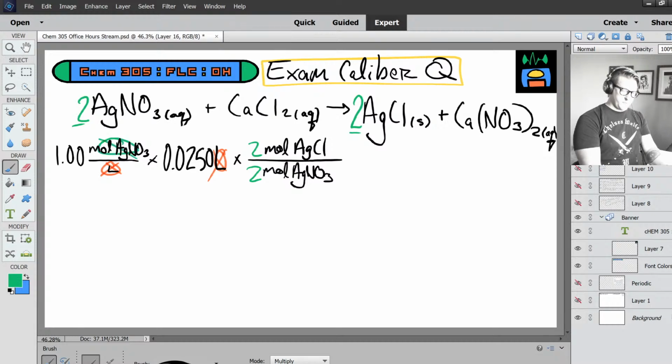So now moles of silver nitrate cancels. Our final unit conversion will take moles of silver chloride and convert it to grams.